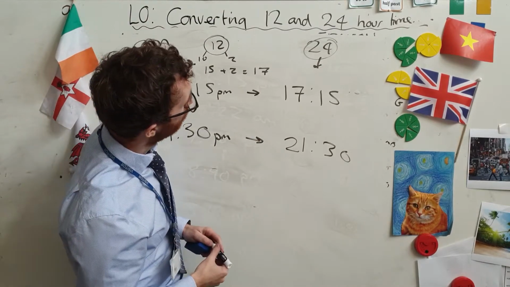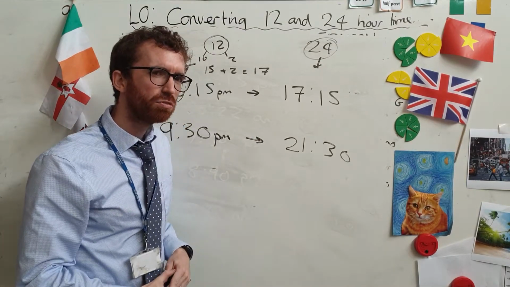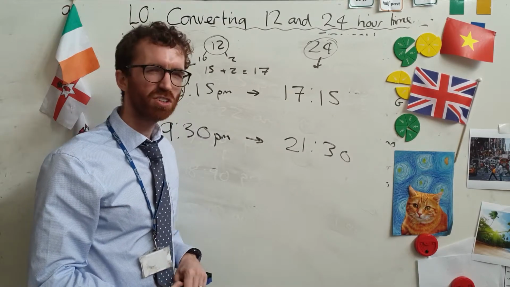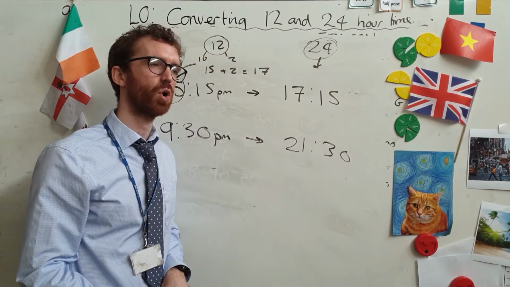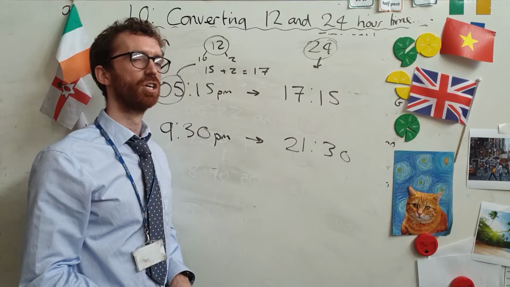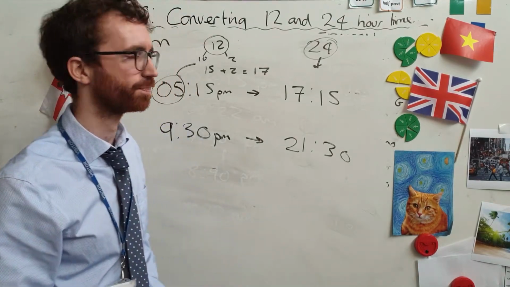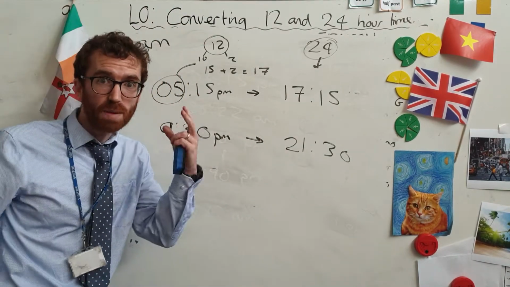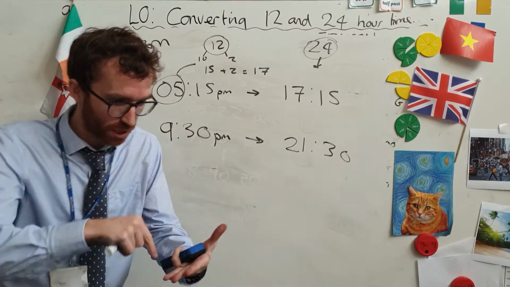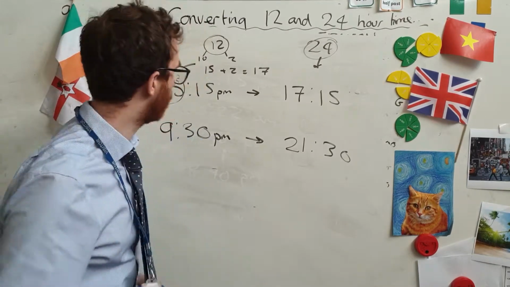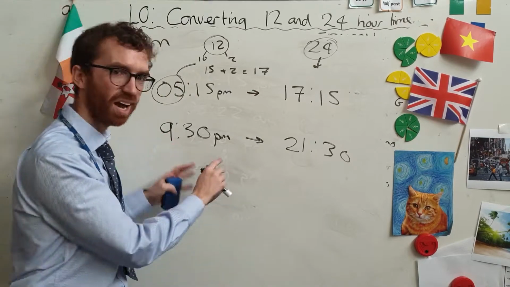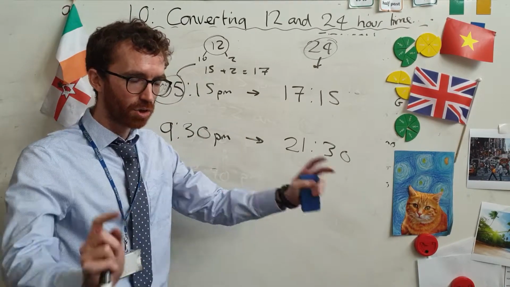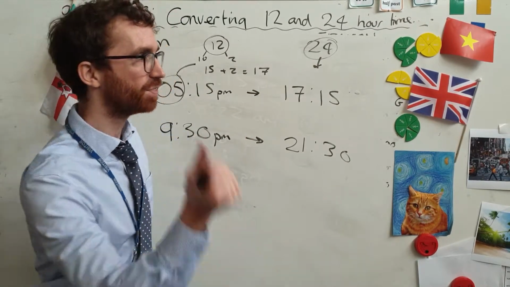So, why use 24-hour clocks in bus stations and train stations or airports in particular? Can you think of a reason why? Pause. Well, the reason why is if I'm rushing, or I'm looking at my phone and I'm scrolling through what time I'm going to get my plane and it says 9:30, I see 9:30 in my head, I think, okay, I need to get up early in the morning, get myself on that plane.